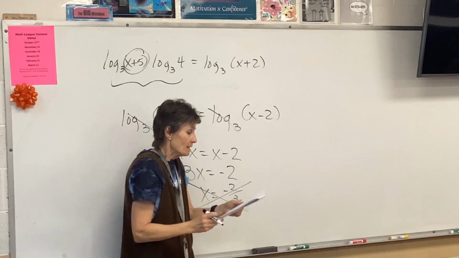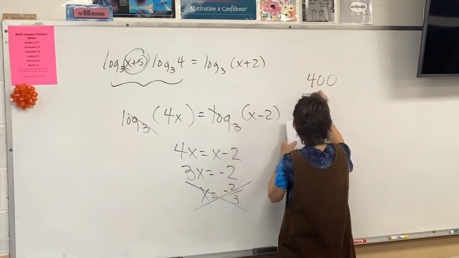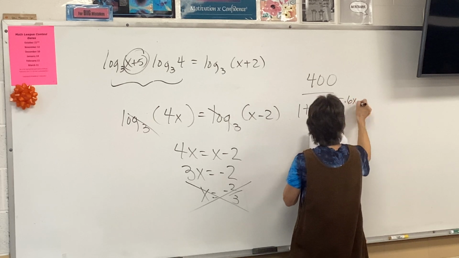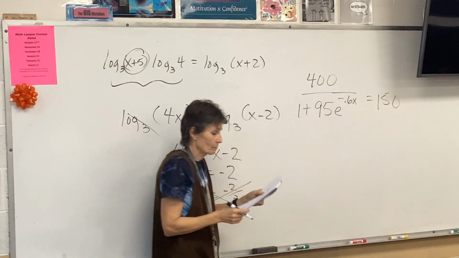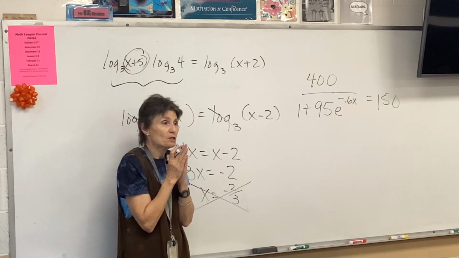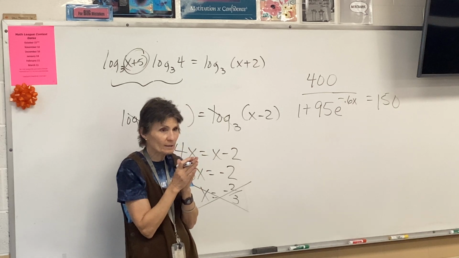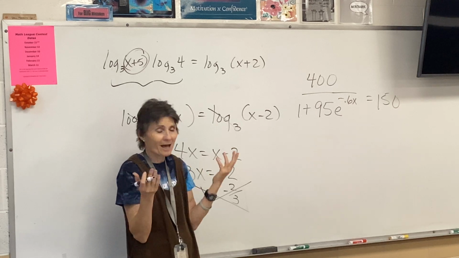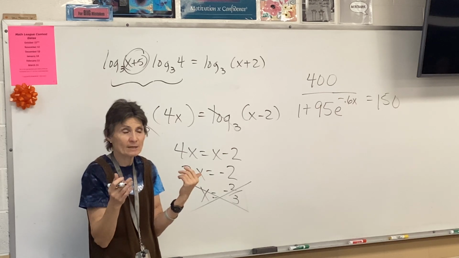Okay, backside, we're gonna skip to H. 400 over 1 plus 95 e to the negative 0.6x equals 150. Now, I need you paying attention. We actually just did one of these on our calculator, where you graph it and find the intersection.